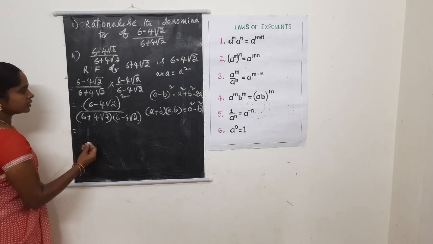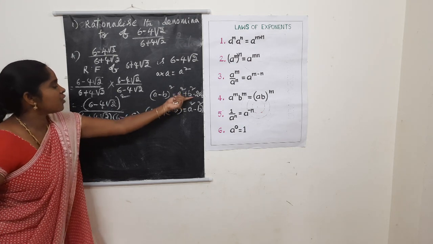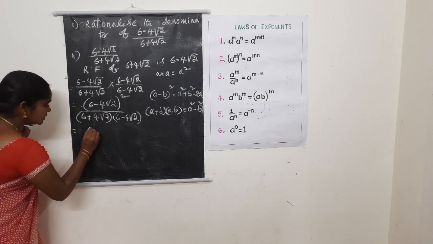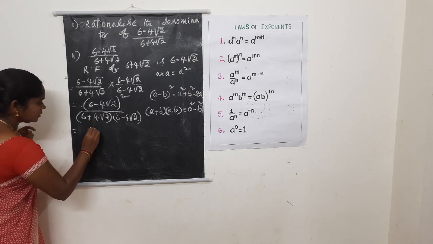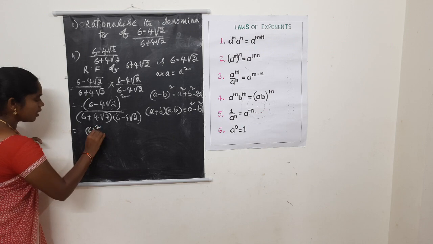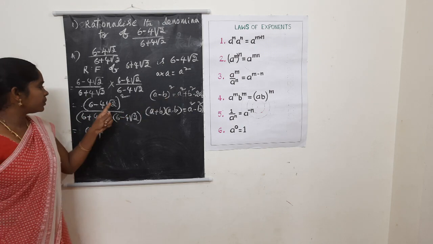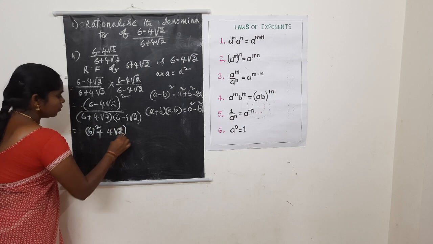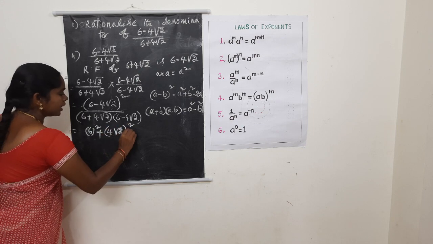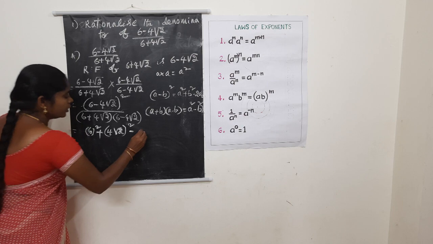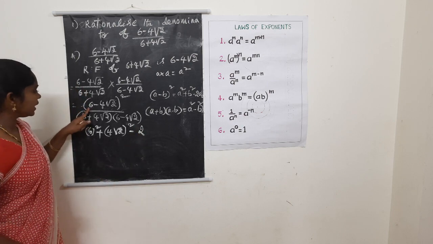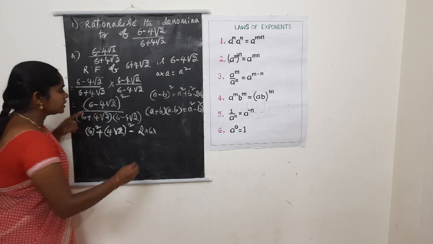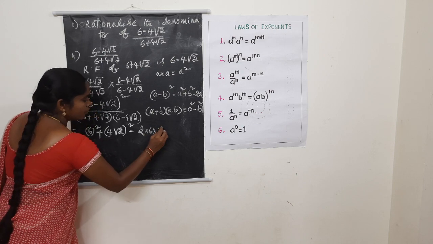So we can apply this formula: a square, that is 6 square, plus b square, that is 4 root 2 whole square, minus 2ab. A value is 6 and b value is 4.